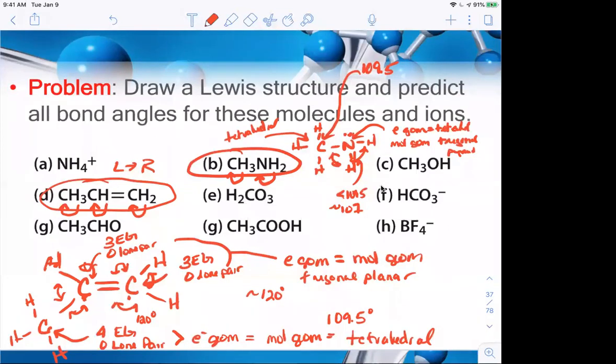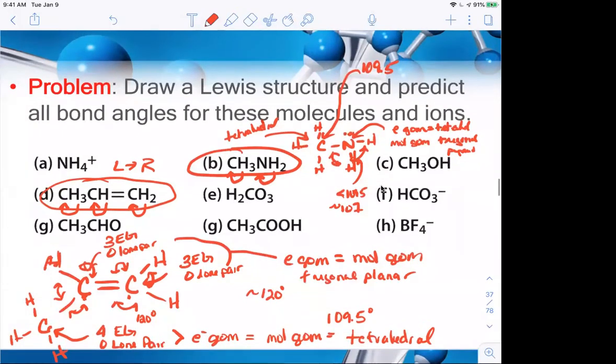But for the most part, what you really want to characterize is that my tetrahedral bond angles are about 109.5, my trigonal planars are about 120, and my linear is about 180. So you do want to at least know those basic bond angles and then have a little bit of an assessment regarding whether those are going to deviate or not based on comparative sizes.